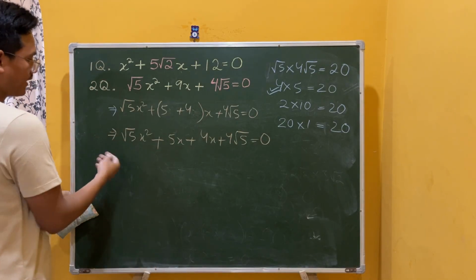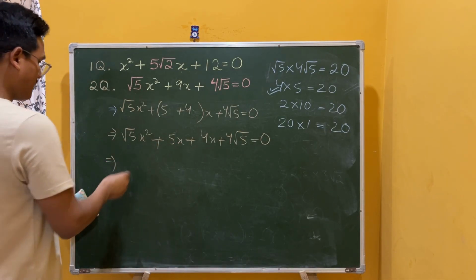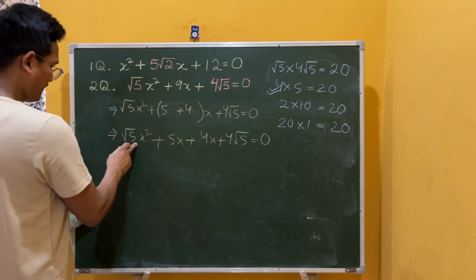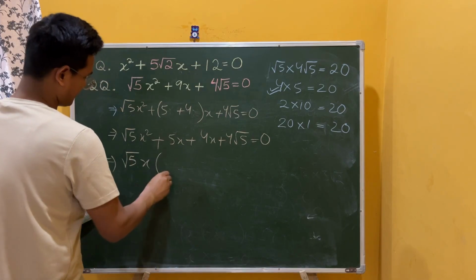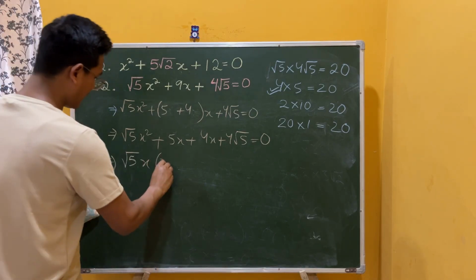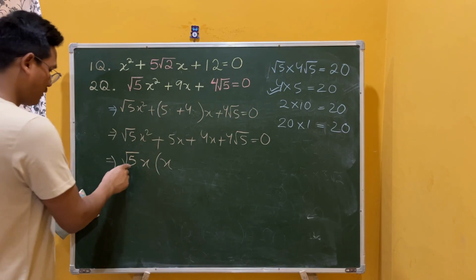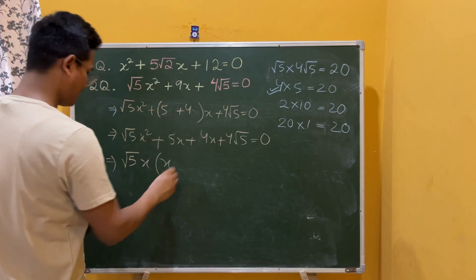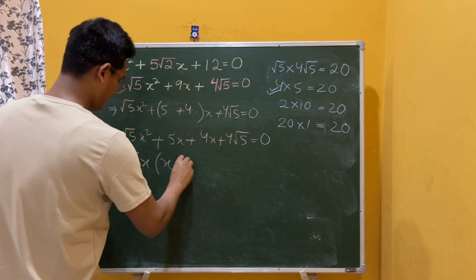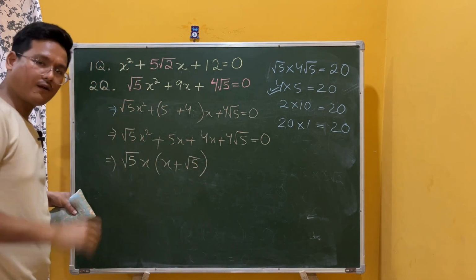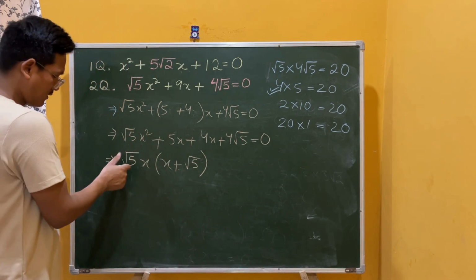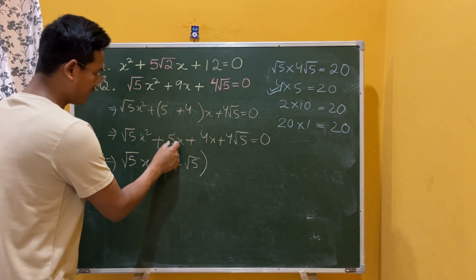So here also we'll take common from the first two terms. The common is root 5x. So root 5x into x is root 5x square. Root 5x into how much? Plus root 5. Here you need to be careful that root 5 times root 5 is 5.